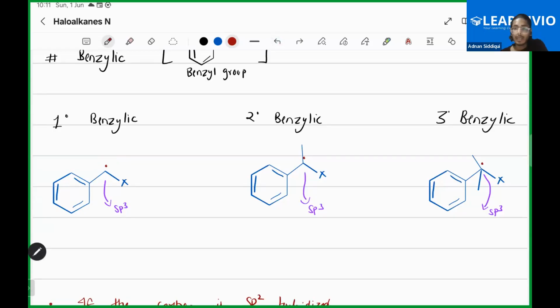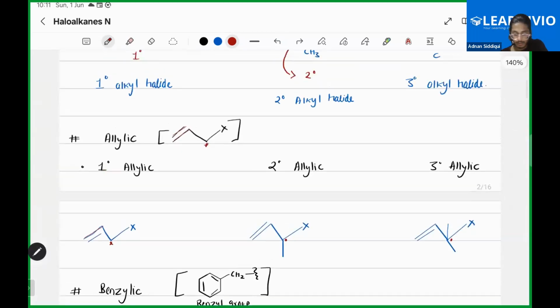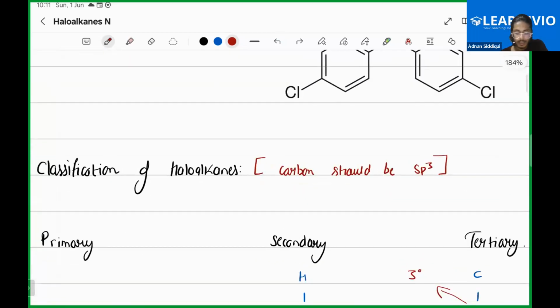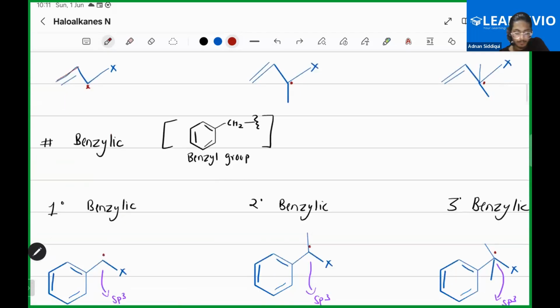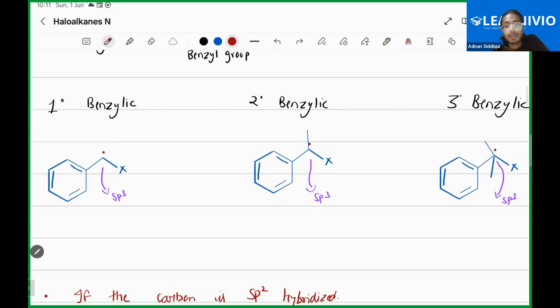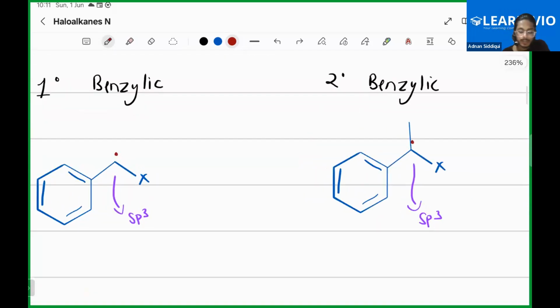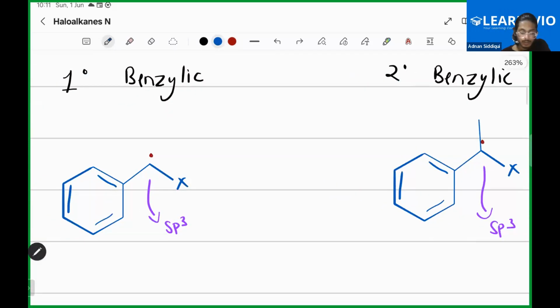One important thing that I would like to highlight here is that in all of these classifications, the carbon should be sp3 hybridized. In primary, allylic, benzylic, the carbon should be sp3 hybridized. You can calculate the hybridization, right? If I am drawing it like this, you know we don't show the hydrogens.